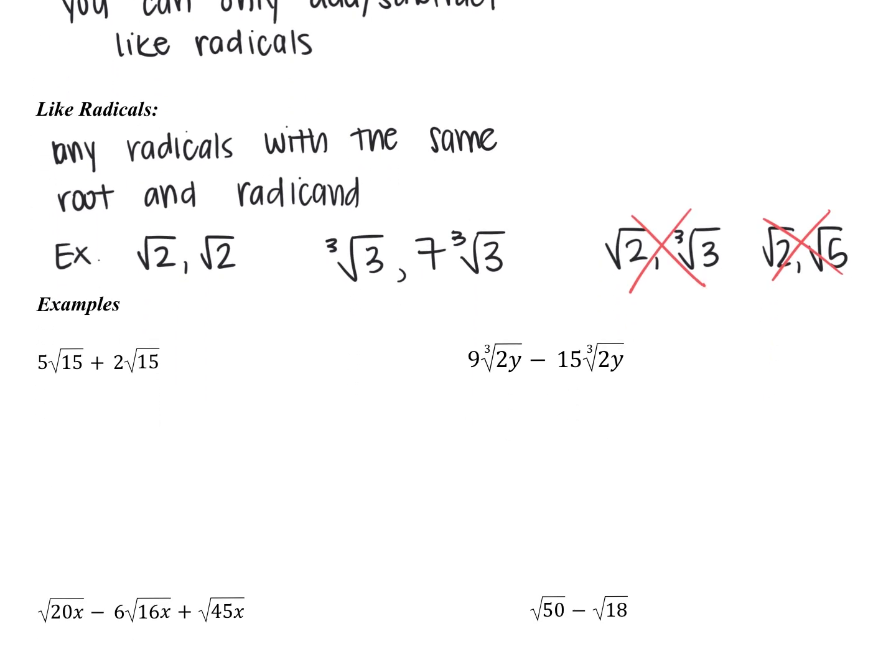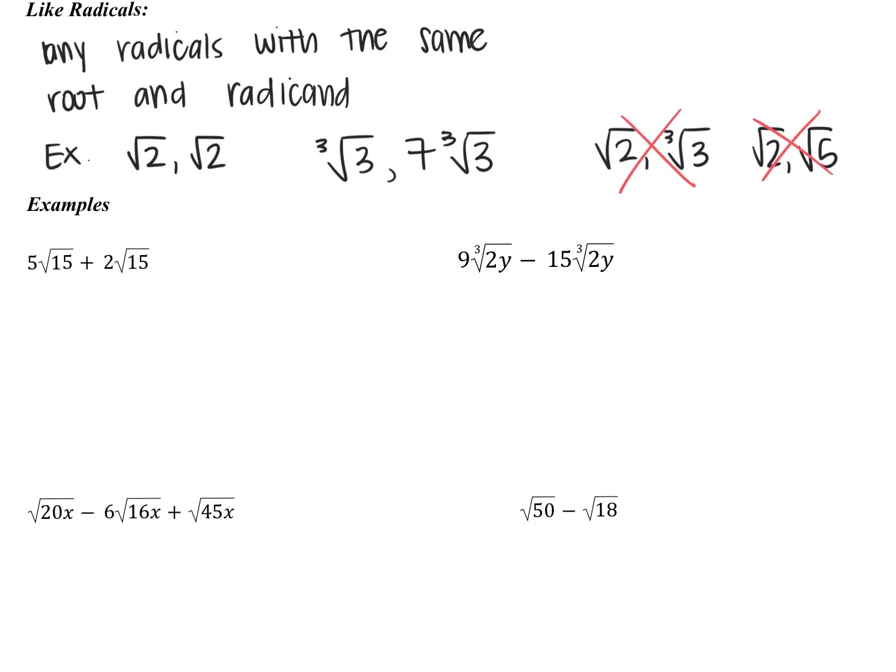When it comes to adding and subtracting radicals, if they're already like radicals, you can go ahead and add them. But you still have to check to see if what's underneath the radical can simplify as well. For our first example, we have 5 square root 15 plus 2 square root 15. When you are adding like radicals, you only care about the numbers outside the radicals.